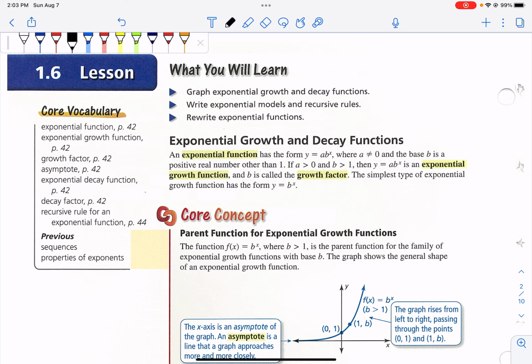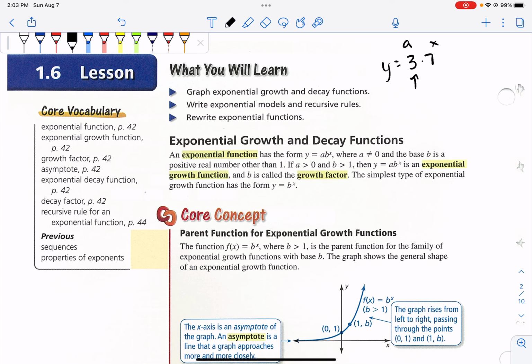So like I said, an exponential function, I'm just going to read through this little bit of information up here with you, okay? An exponential function has the form y equals a b to the x. So it might be y equals 3 times 7 to the x value. This number in front, this a value right here, it can't be 0.